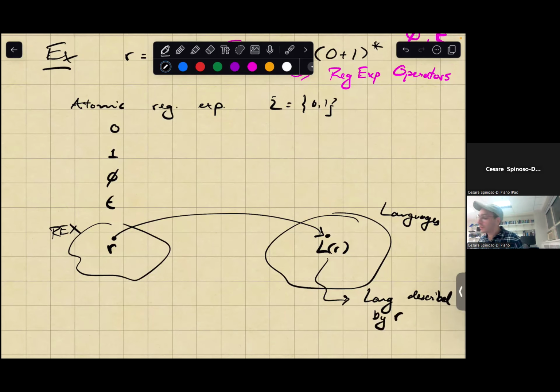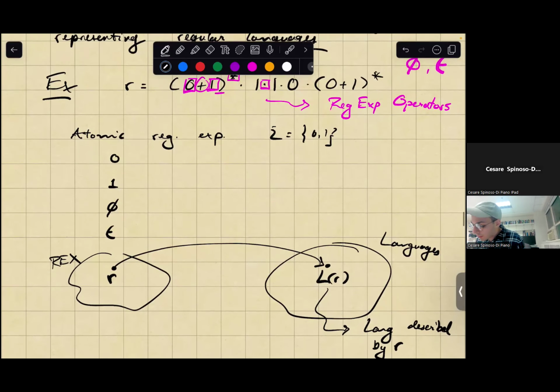So L of R is the language described by R. So in the case of atomic regular expressions, if this is R, then L of R is L of 0, which in this case is just the language containing the string 0. L of 1 is the same for 1.